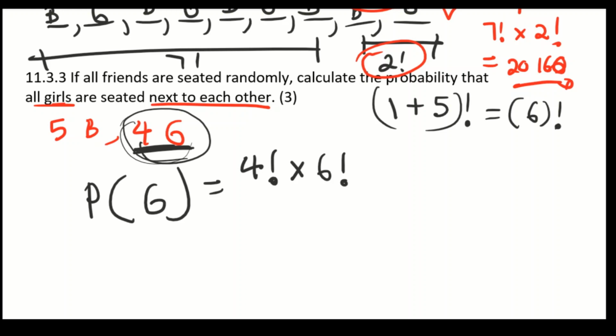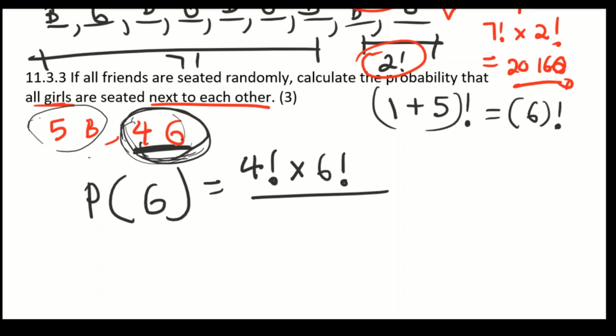I hope what I did just makes sense to you. You are grouping the girls into one. They are going to be seated next to each other, right? So once you group them into one, you add the number of boys that are going to be seated. So it's going to be 6 ways, 6 factorial, right? And then you divide by the total number.